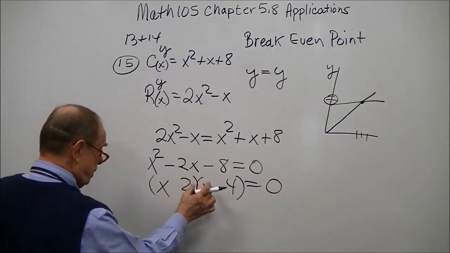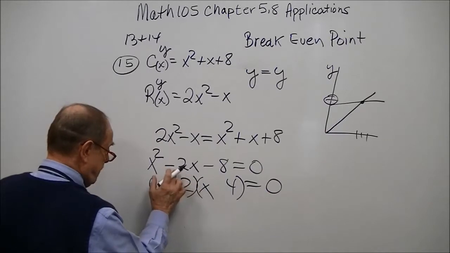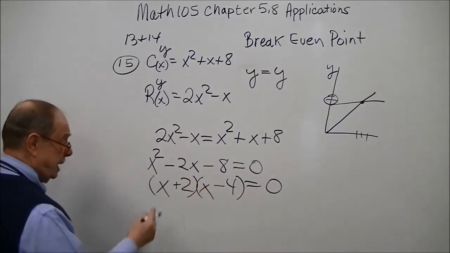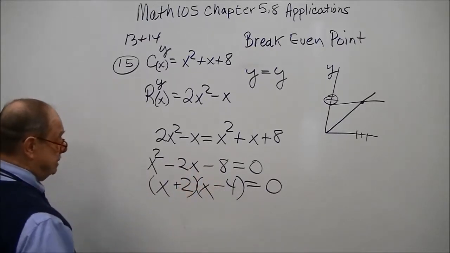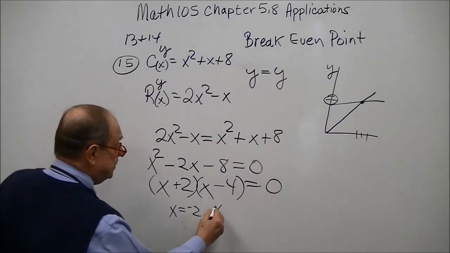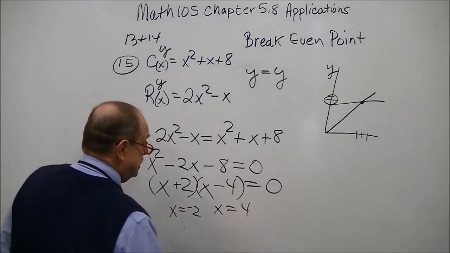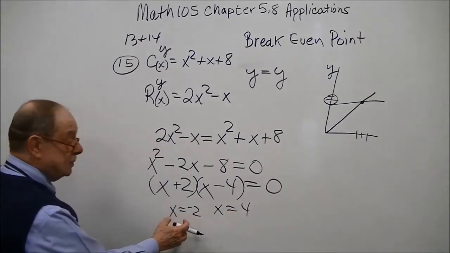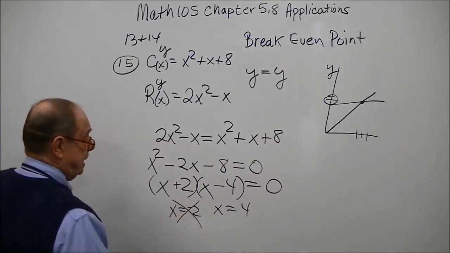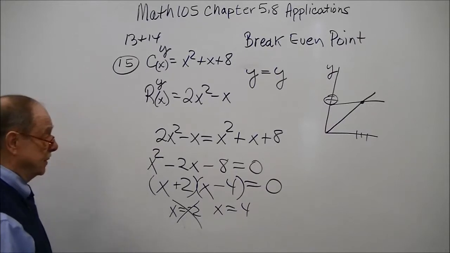And we want our larger number to be negative. And if we FOIL it, this makes sense. So here we have x equals negative 2. Here we have x equals 4. Well, our break-even point, no such thing as a negative 2 in this case. So the answer is 4.